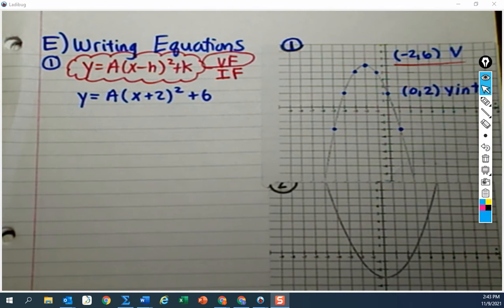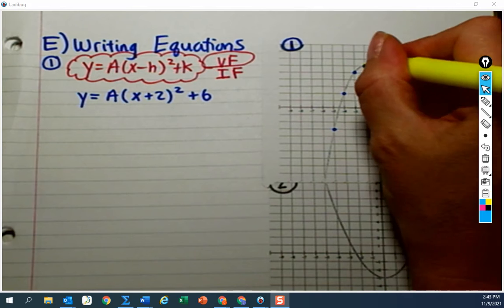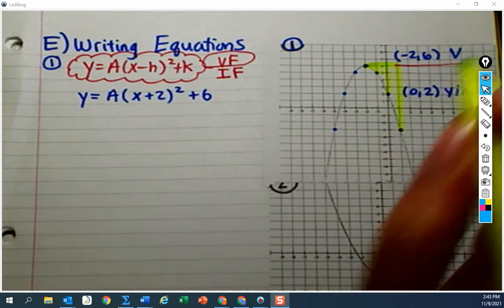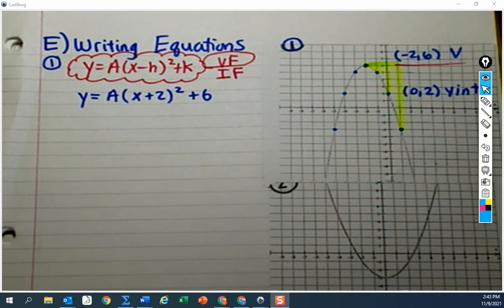Now, you might be very visual, and you're like, well, my counts seem pretty reasonable: 1, 1, 2, 4, 3, 9, opening down. So I think my a value is -1. But maybe I'm not sure.